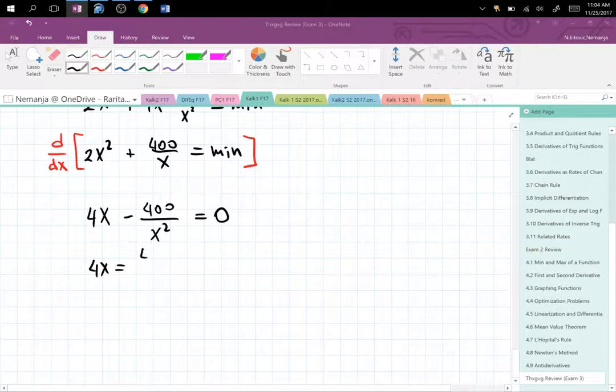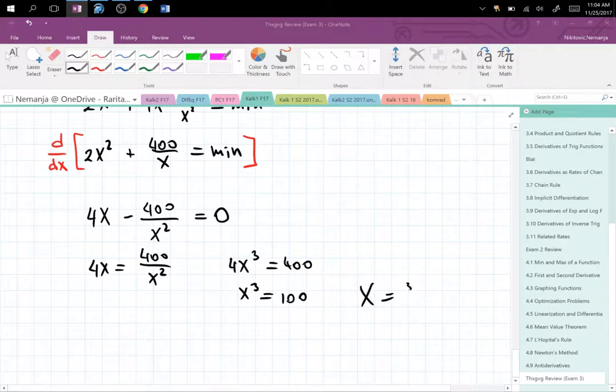And now 4x equals 400 over x squared. Cross multiply, you have 4x cubed equals 400. x cubed equals 100. And finally, x equals the cube root of 100.